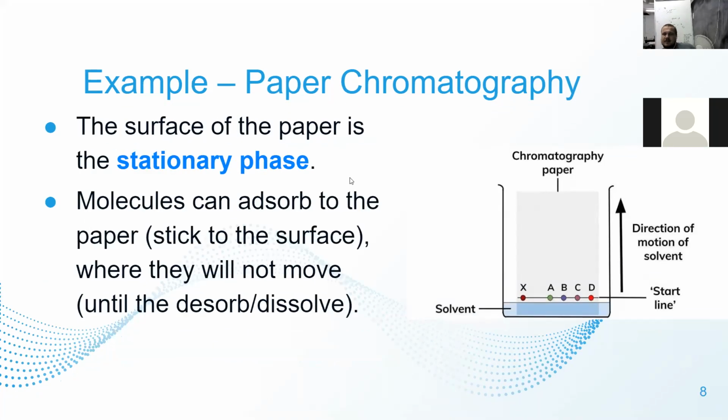So the paper itself is the stationary phase. The molecules adsorb to the paper, and when the mobile phase or the solvent goes past, they will dissolve into the water dependent on their chemical properties.